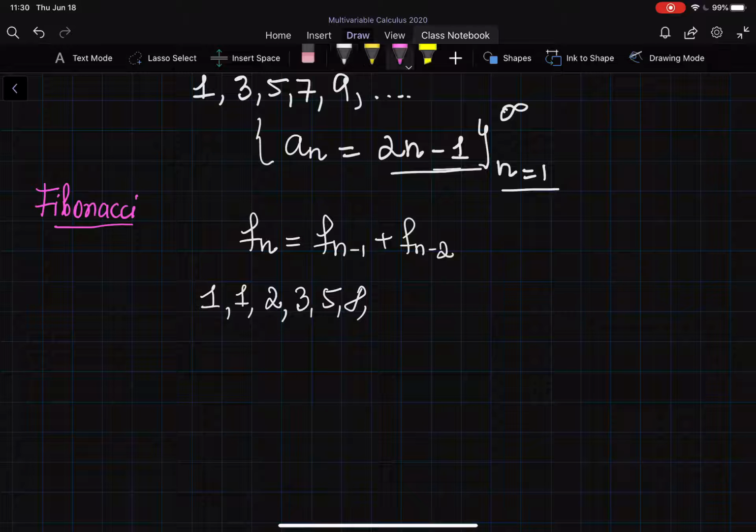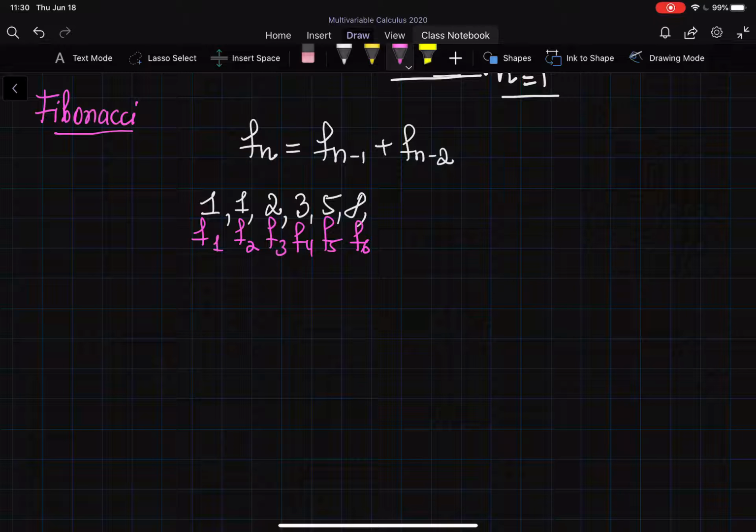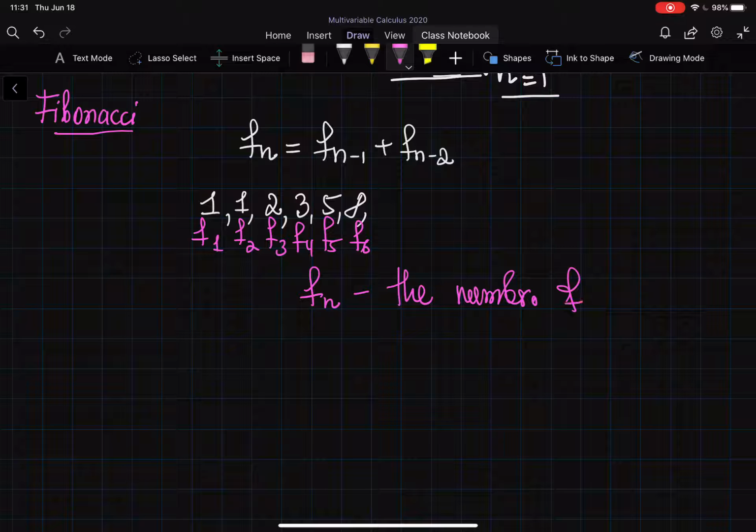So here we are going to denote the Fibonacci numbers like this: the first one, the second one, third, fourth, fifth, sixth. And last time we've seen that the Fibonacci numbers were first used in order to model the population growth of rabbits, where Fn would mean the number of rabbits in n months.